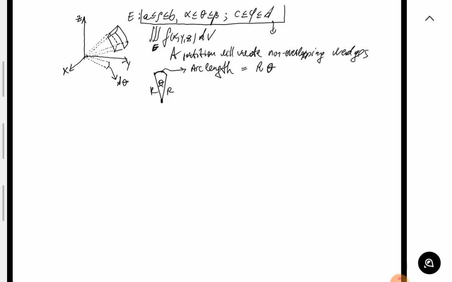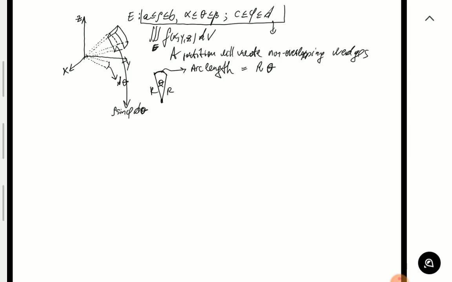I don't want to make a mess on the picture here, so I'm going to use arrows. The idea is that this side of the wedge, I'm going to use an arrow here, that side is going to be the radius of the wedge, and the radius of the wedge comes from rho sine of phi, because that's the length of the projection from the point to the xy plane, times the angle of that little partition on theta, which is d theta.